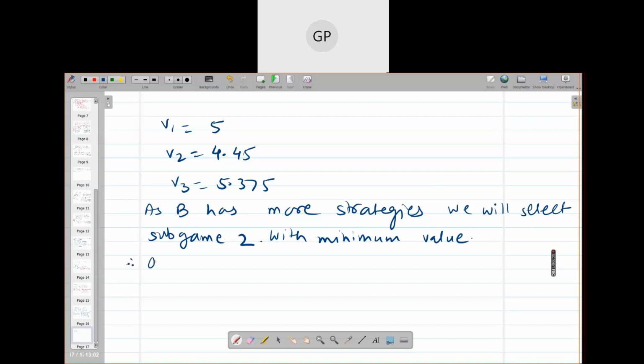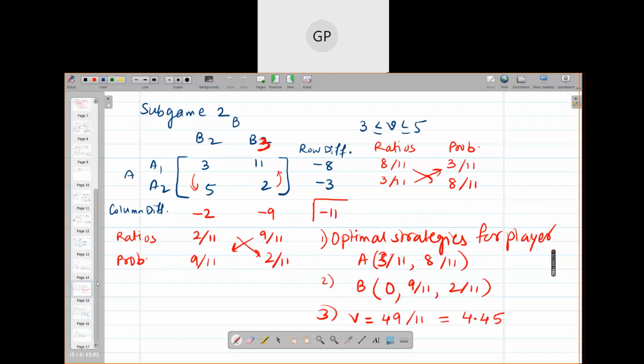So therefore the optimal strategies for player A. Look at player A's optimal strategies. Go to the 4.45 one. These are the optimal strategies for player A: 3 by 11 and 8 by 11.